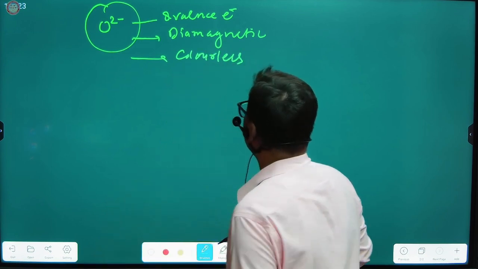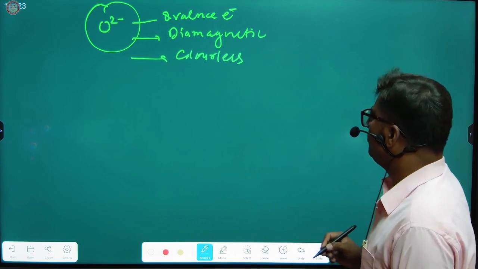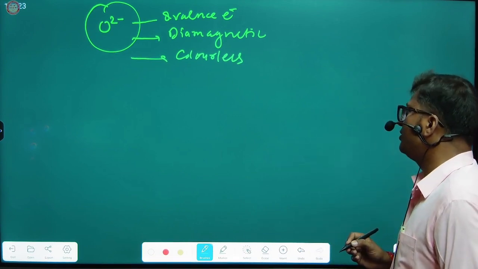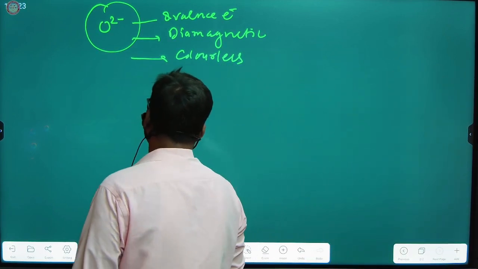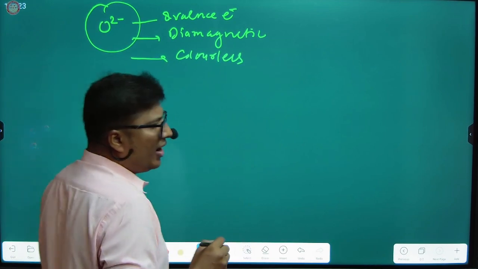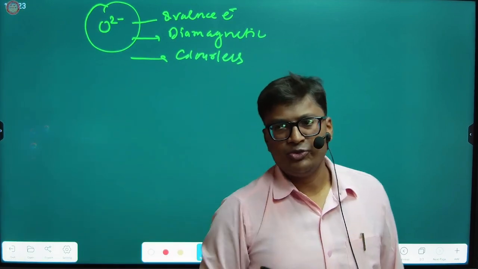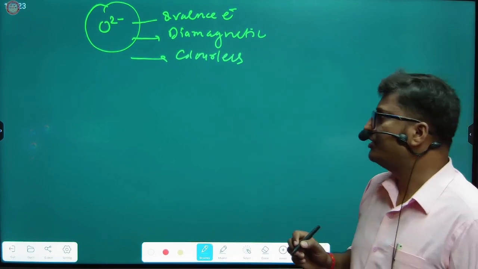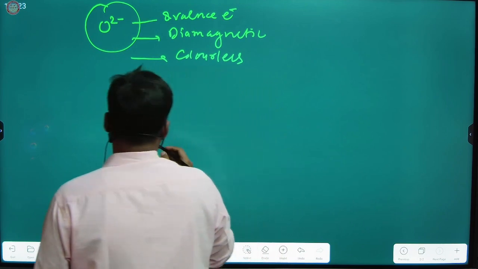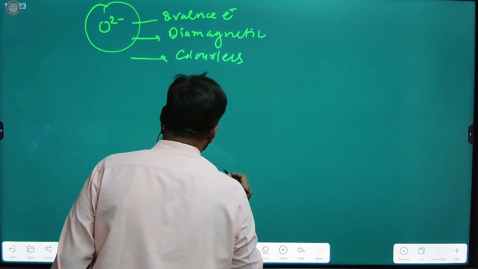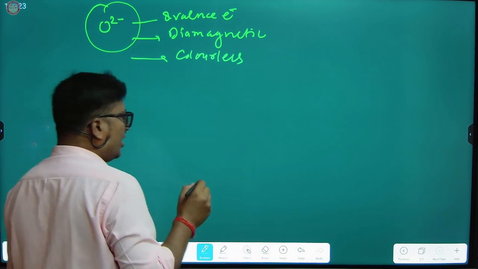Okay. Due to the presence of two negative charges, it has a high charge density on the oxygen. So it requires a high positive charge density to stabilize the compounds. And what is the cause of formation of the oxide ion?